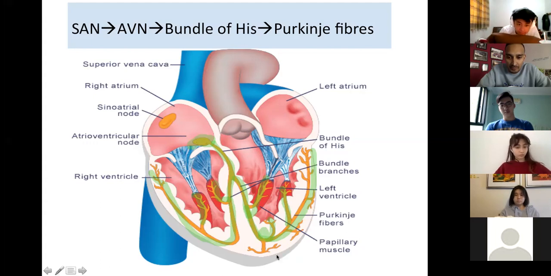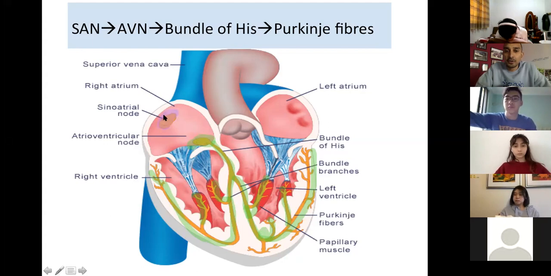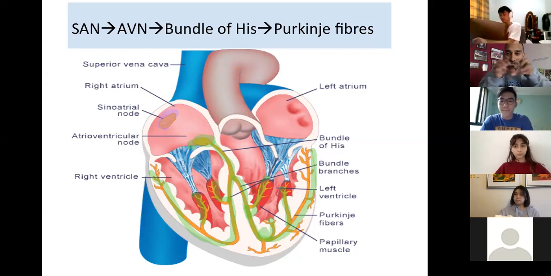Then you have the sinoatrial node, which was here, not connected, as you can see. So this is how this works. The sinoatrial node sends its signal, like an impulse.